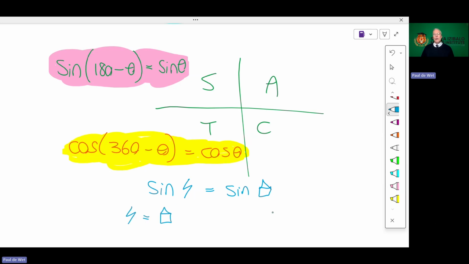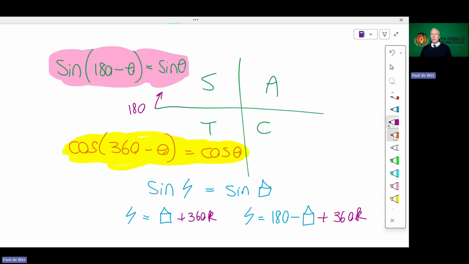Or, remember, sine of 180 minus house would be the same as sine of house, so lightning bolt could also equal the supplement, 180 minus house. And both of these could go plus 360k. So all you must remember is that if you end up with sine equal to sine, you're thinking of an answer in quadrant 1 and an answer in quadrant 2, and the answer in quadrant 2 is going to come from 180 minus.